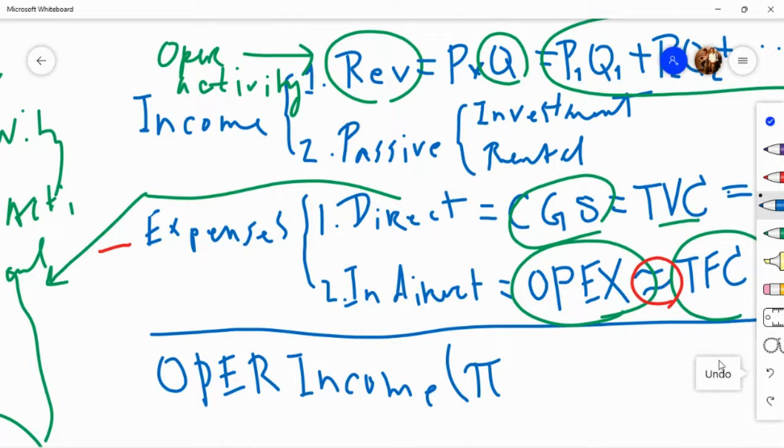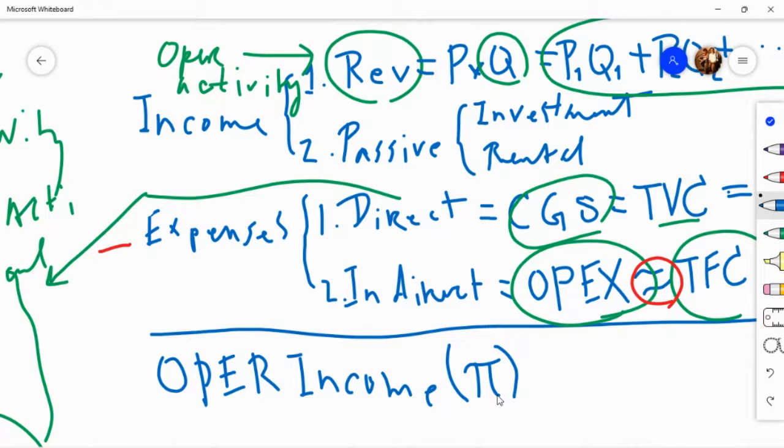And here, you might wonder, isn't pi the sign of inflation? Yes, it's the symbol for inflation in macroeconomics, right? In macroeconomics context, it is a symbol of inflation, but in microeconomics context, it is the symbol for profit.